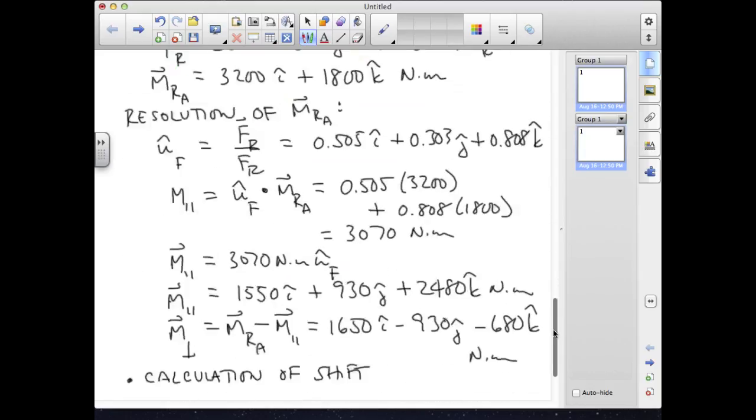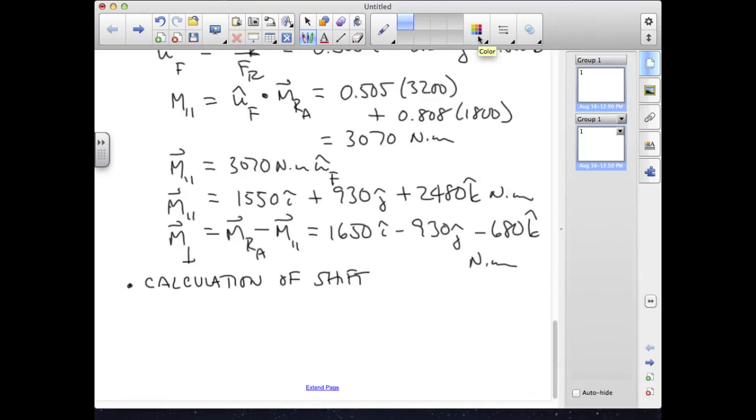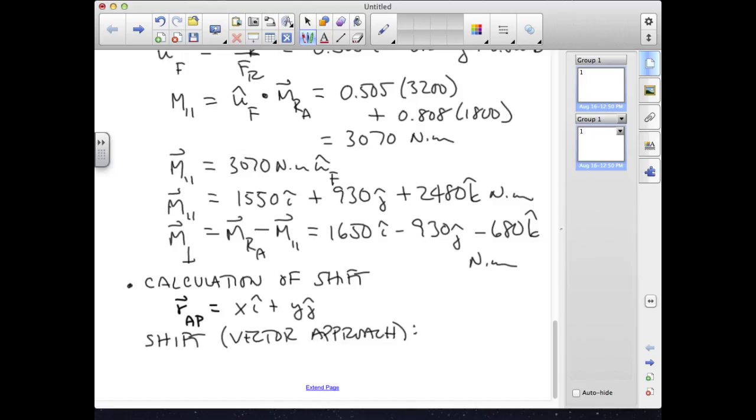With that in mind, I'm going to come back down to the bottom and note that RAP in this coordinate system is X units in I plus Y units in J. I don't know where it is. These are my unknowns. The shift in the form of the vector approach looks like this: I want to find X and Y such that RAP crossed with the resultant force is that perpendicular moment.